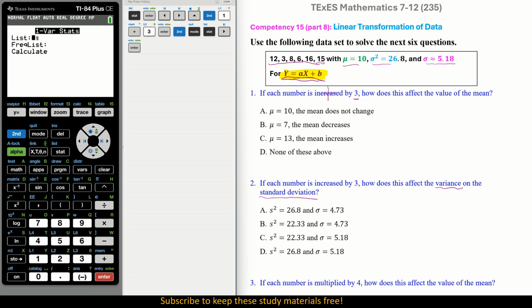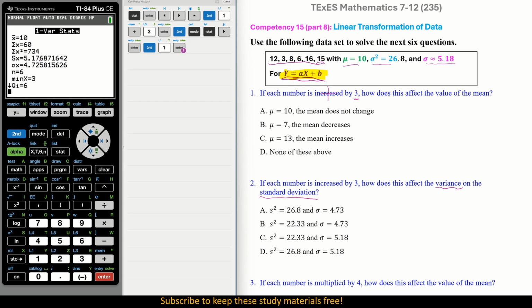We can check L1 first and see what that gives us. Let's go second, L1, push enter. No frequency list, push enter until you get what you want. There it is. Notice that we are verifying our standard deviation and our mean.